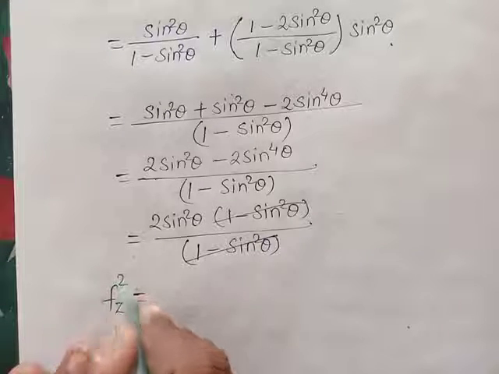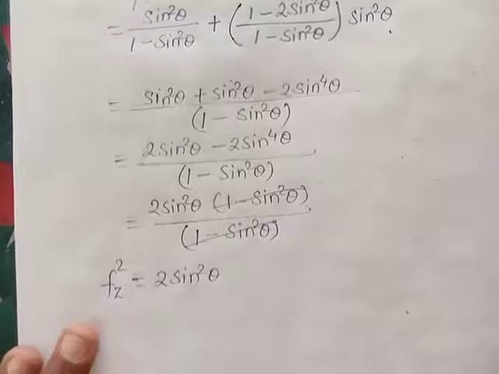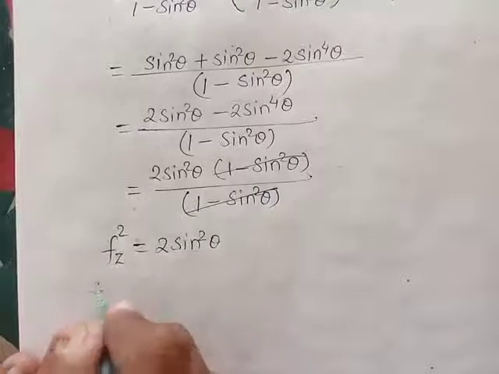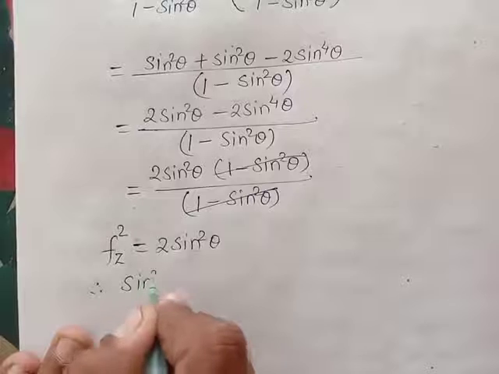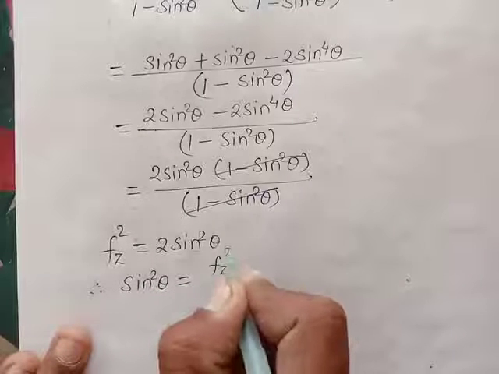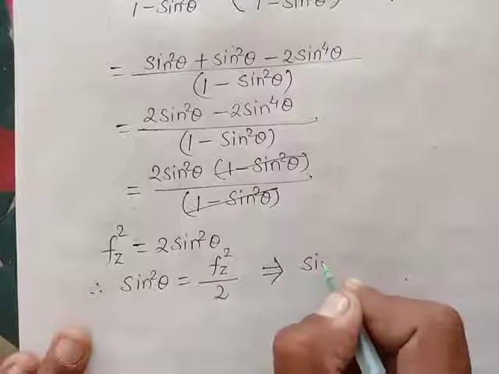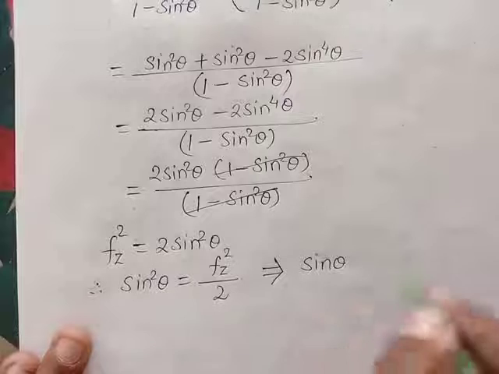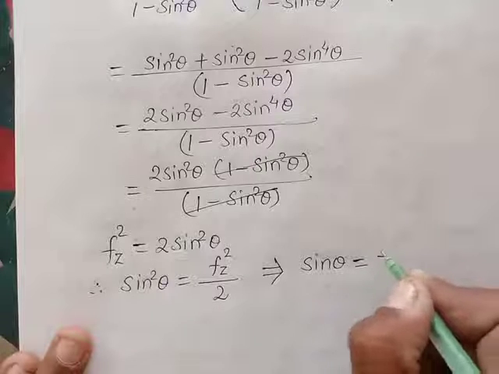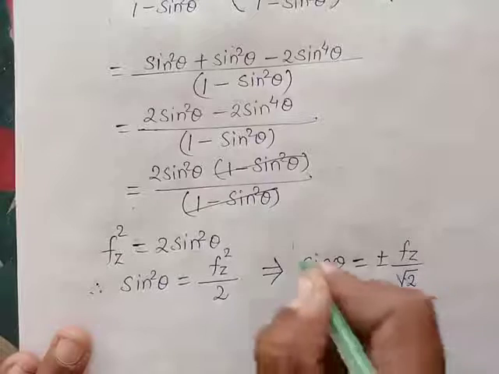Fz square is equal to 2 sine square theta. Therefore sine square theta equal to fz square upon 2. That gives sine theta equal to plus minus fz upon root 2.